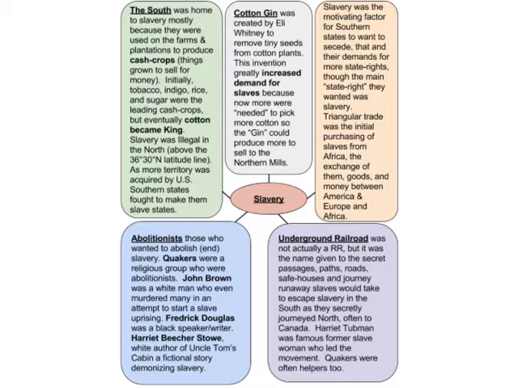So slavery was illegal in the North. Above the Missouri Compromise line, the 36°30' line, slavery was illegal in those states. As more territory was acquired by the U.S., southern states fought to make them slave states. We know that.